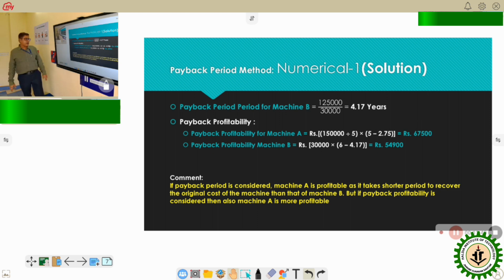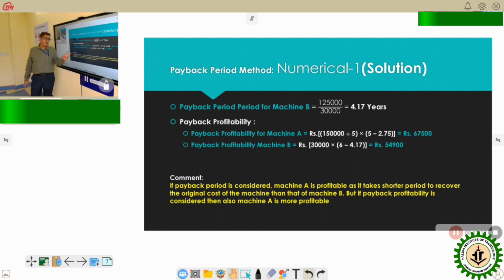But when we consider the criterion of payback profitability, it is just the reverse. Higher the payback profitability, more preferable is the machine. In our case, the payback profitability for machine A is higher than that of machine B, so we accept machine A over machine B. Both criteria cannot be simultaneously applicable.